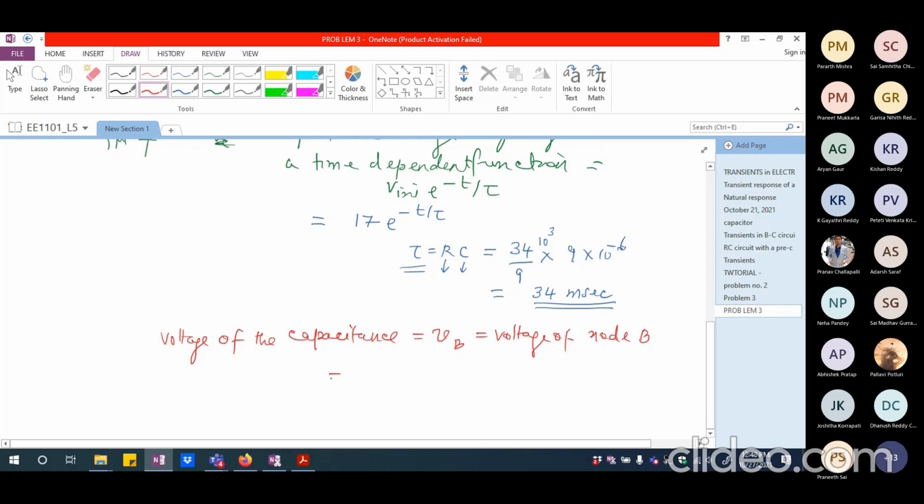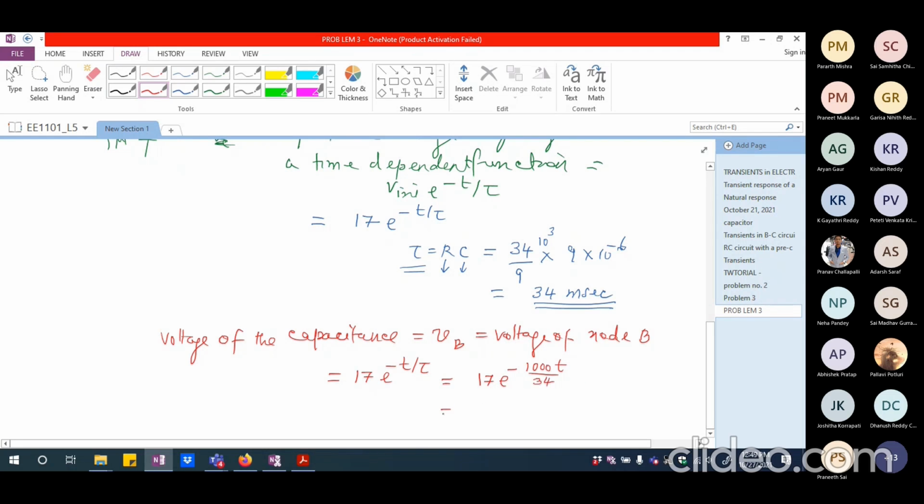That is going to be equal to the initial voltage, which is 17 volts, multiplied by e power minus t by tau, which is actually 17 multiplied by e power minus t divided by 34 times 10 power minus 3. So 10 power minus 3, when I'm taking it up, it has to be 1000 t divided by 34.